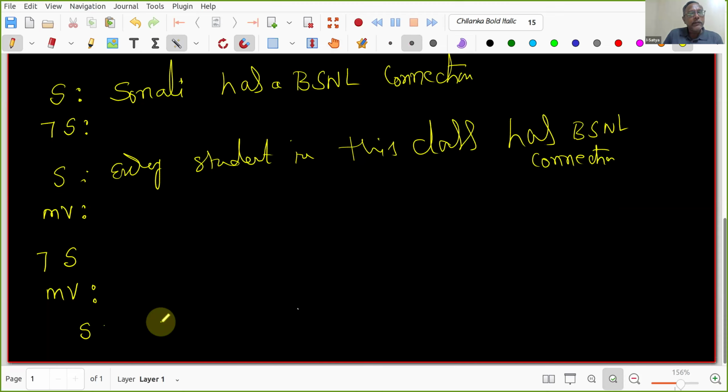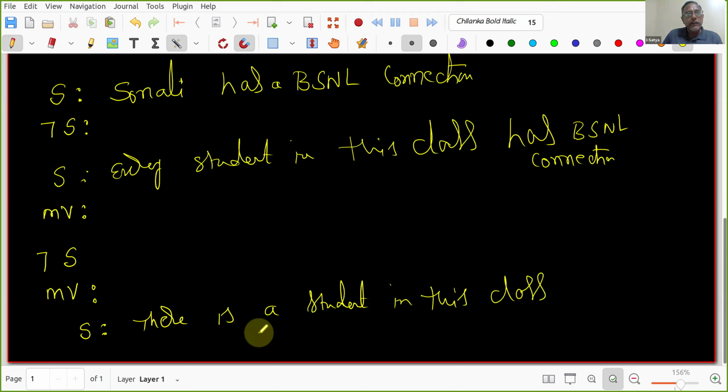There is a student in this class who has a BSNL connection. When is the statement true? If at least one student has a BSNL connection, it is done.